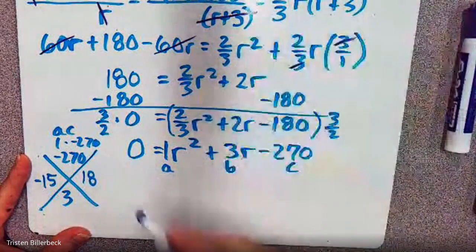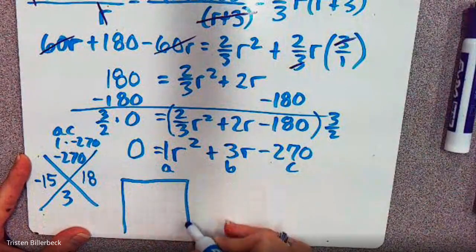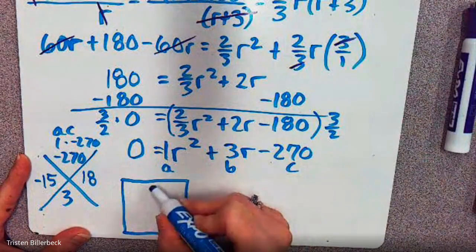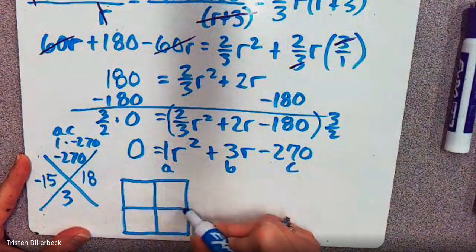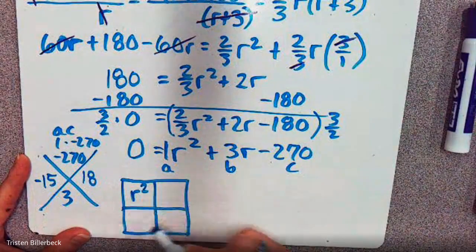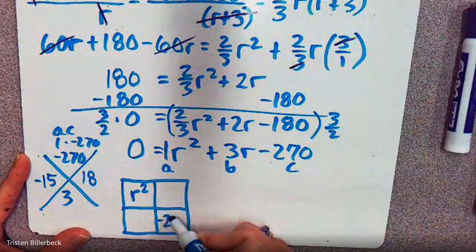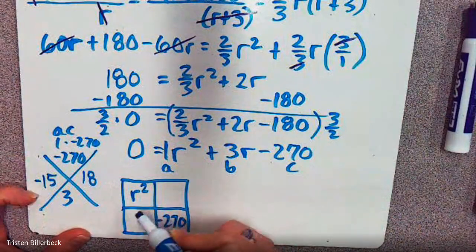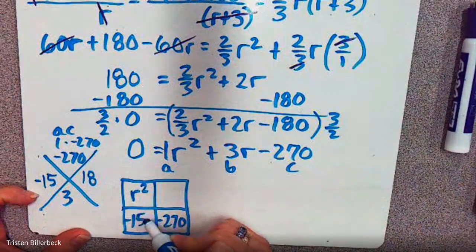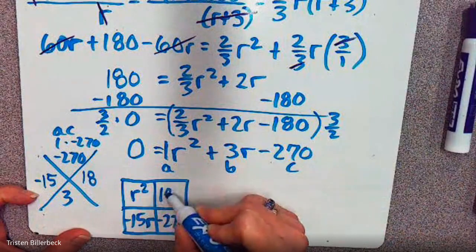Okay, so let's do a box and find out how fast the cyclist is going. So we have the first term's r squared. The second term is negative 270. We have negative 15r and 18r.